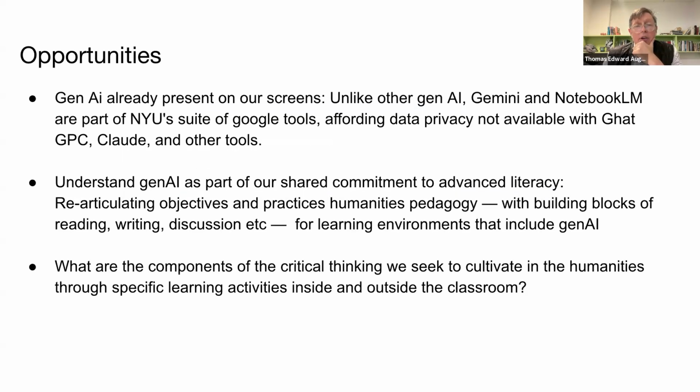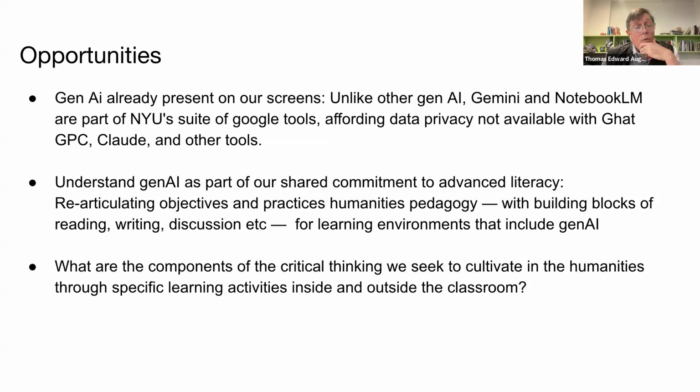So generative AI is already present on our screens. And unlike other generative AI, Gemini and NotebookLM are part of NYU's suite of Google tools, affording data privacy that's not available with ChatGPT, Claude, and other tools.